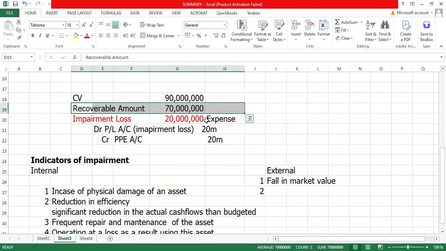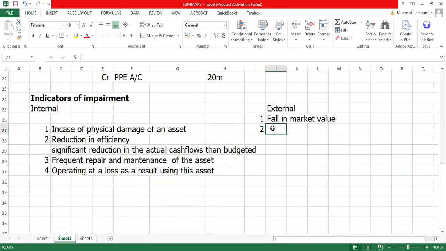Okay. Next, change in the technology. For example, there are some situations where the technology can affect you highly, and you end up not meeting your targets. Okay.